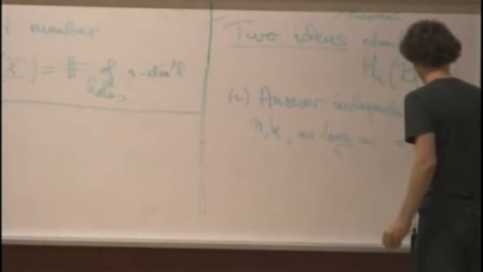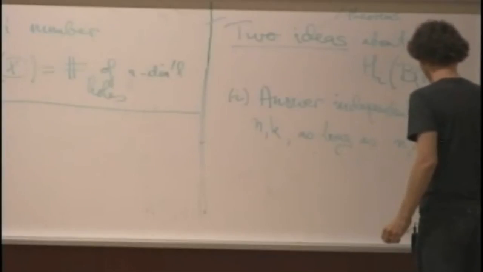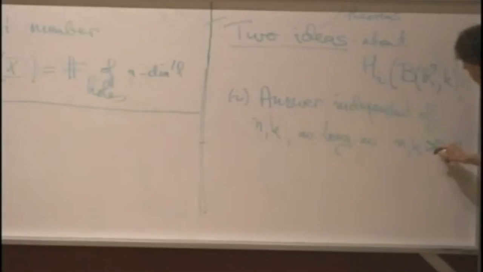Should probably be bigger than 2i or something. This means something like k should be bigger than 2i and n should be bigger than i, something like that. But as long as they're large, it doesn't really matter what they are.